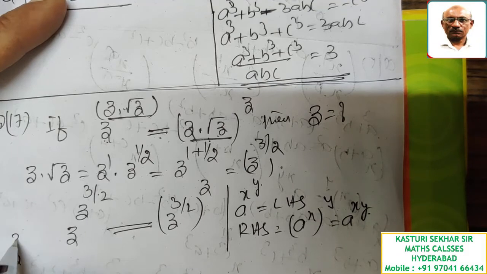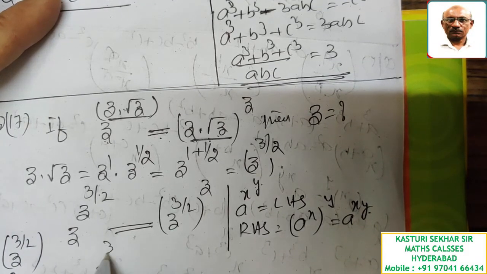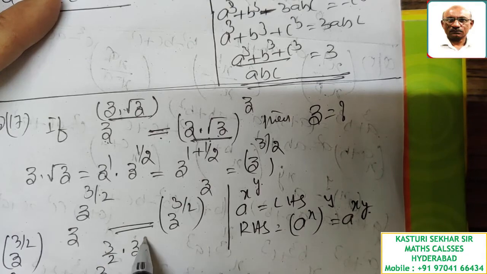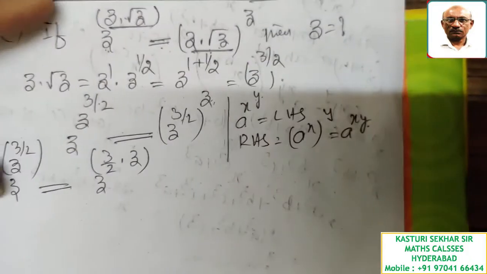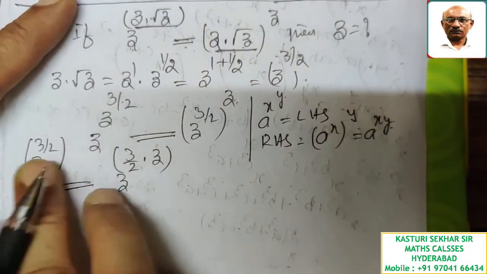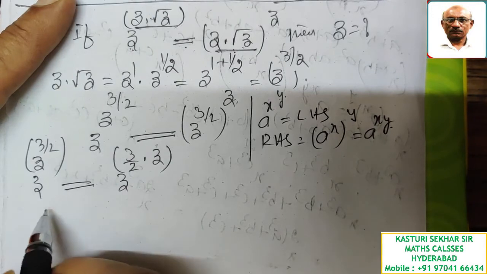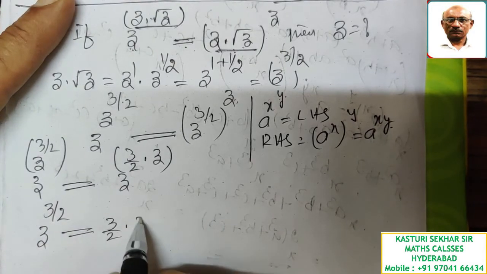So z to the power 3 by 2 is equal to z to the power 3 by 2 into z, where I can multiply these two powers. Bases are equal and there is an equal to sign, so powers can be equated. z to the power 3 by 2 is equal to 3 by 2 into z.